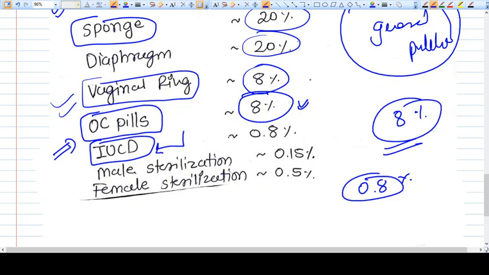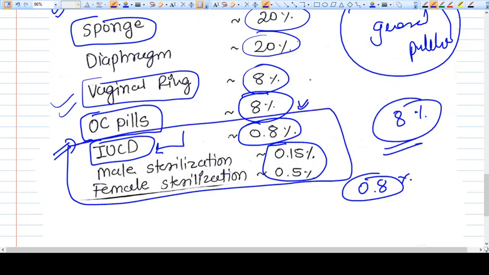Now see the IUCD. For IUCD, the Pearl index is 0.8%. Male and female sterilization have Pearl indexes of 0.15 and 0.5. So can you identify now that IUCD, male sterilization and female sterilization are actually very effective? Why? Because they are not dependent on the compliance of the patient. If you insert an IUCD in a female, then it is going to act there.